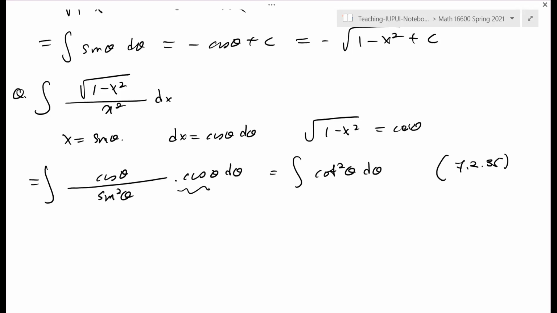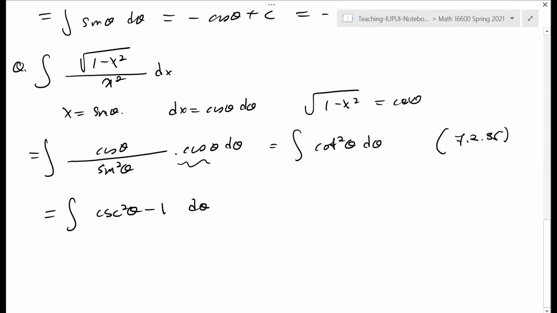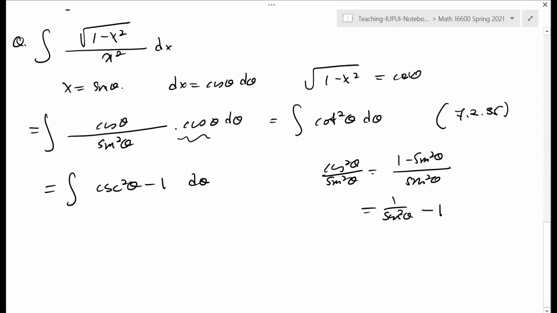But for cotangent square theta, I have another identity: it's cosecant square theta minus 1, d theta. Or if you don't like cotangent theta, you get cosine square theta over sine square theta, which equals 1 minus sine square theta over sine square theta. Then you will get 1 over sine square theta minus 1, which is cosecant square theta minus 1. So it's the integral of cosecant square theta d theta minus the integral of d theta.